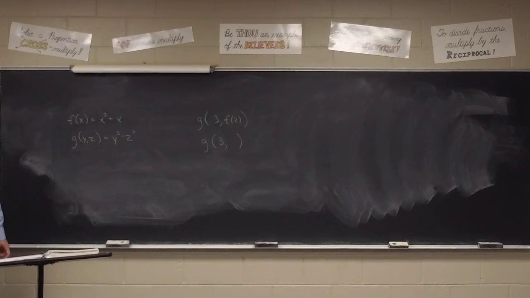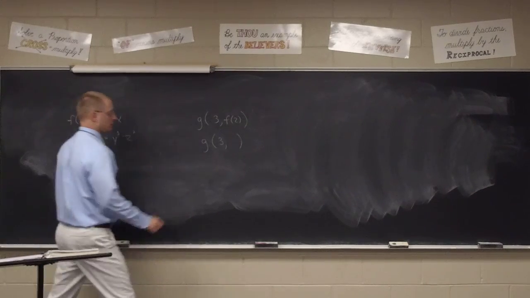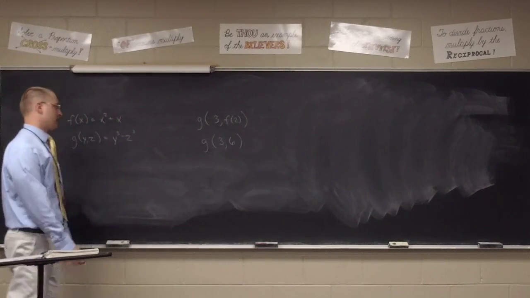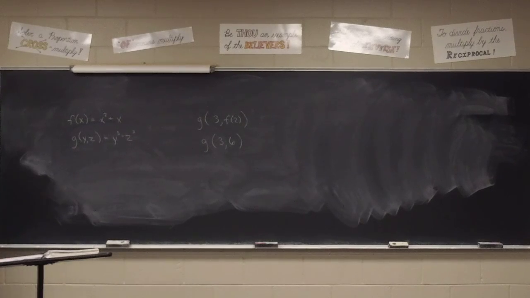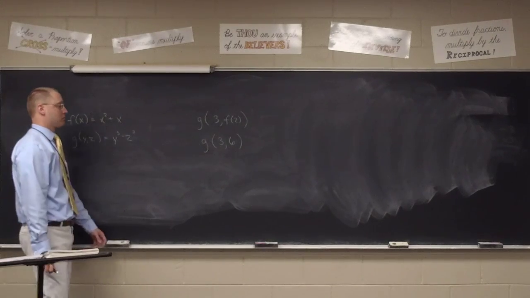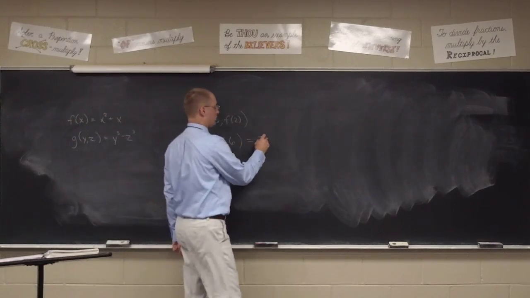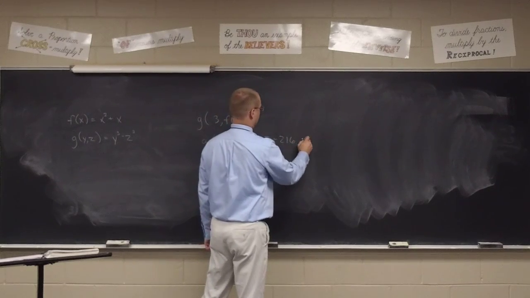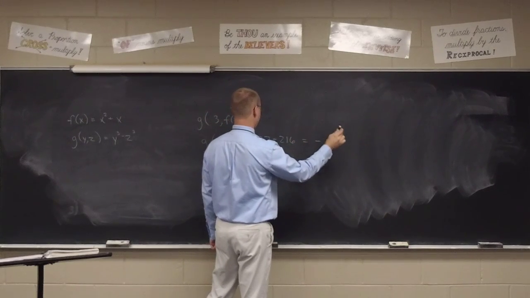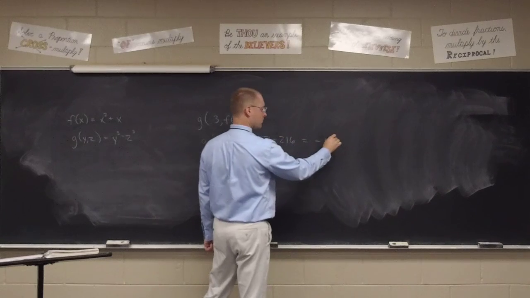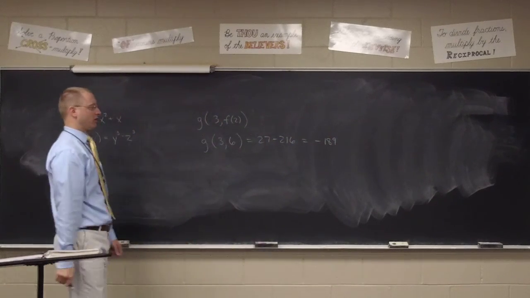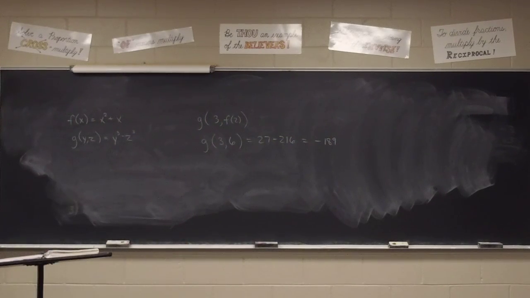What do we get for f of 2? 6. So really it's just g of 3, 6. Someone with a calculator confirm my math. Yeah, I got it. All right, any questions on this?